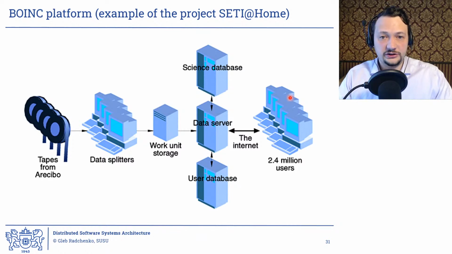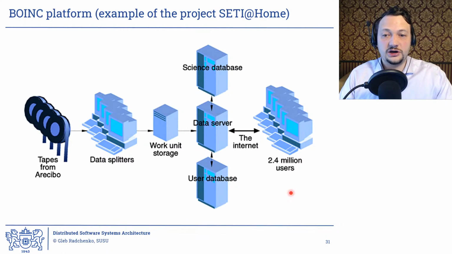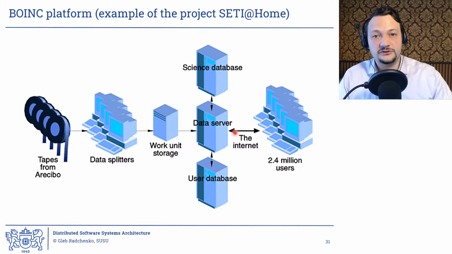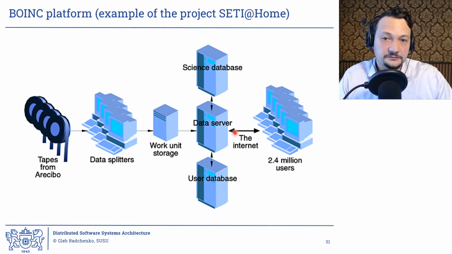So how can you deal with these cheaters? With this huge amount of power, you can easily distribute one piece of data between 3 or 4 or 5 independent users. So you give one chunk of data to 5 independent users and ask them to calculate this data. And afterwards, you compare the results.